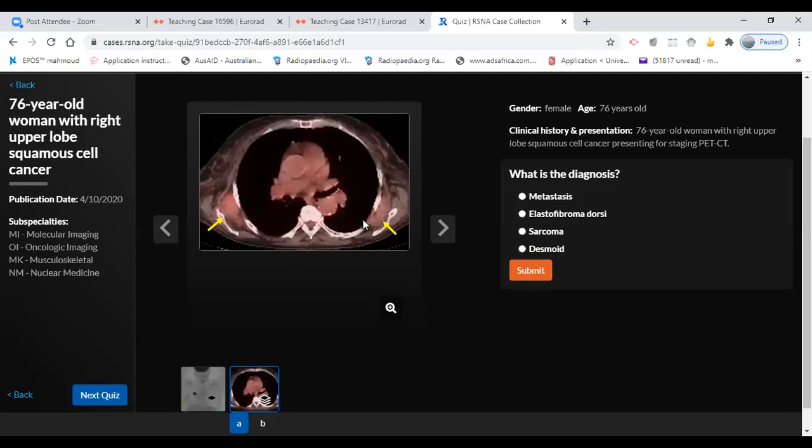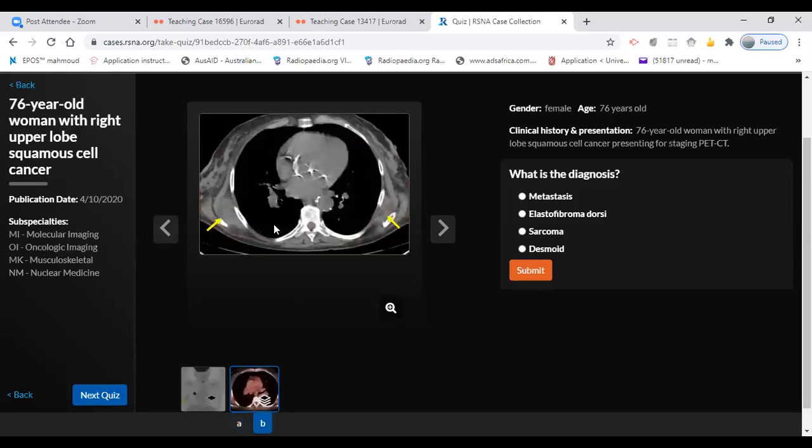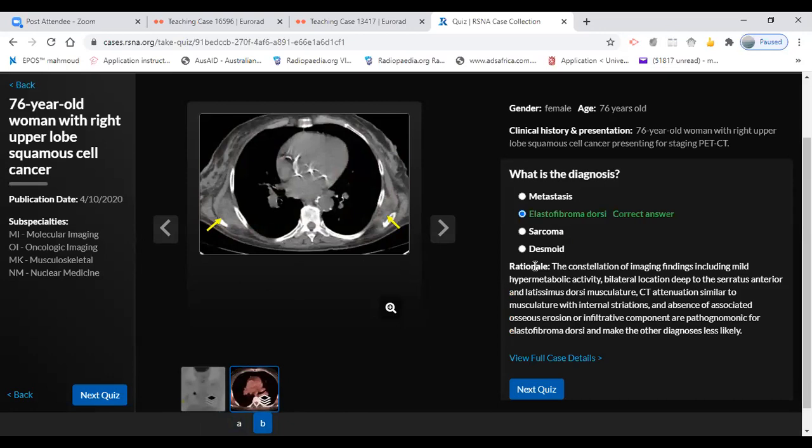You have it bilateral and in typical location, especially with CT it is easier to know about it. Also the location is deep to the serratus anterior muscle and latissimus dorsi, and the attenuation makes the metastasis diagnosis not typical in this case.